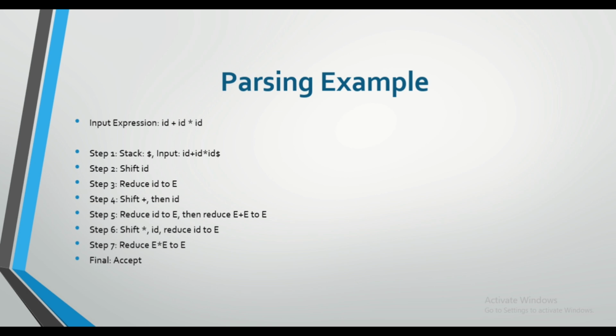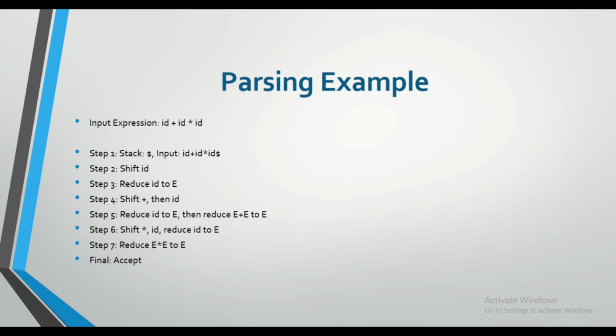Here you can see ID plus ID into ID. What you have to do is, in the stack, as we have discussed already, the first input will be the dollar, then the ID plus ID into ID. If you're going with left recursion, then go through that.